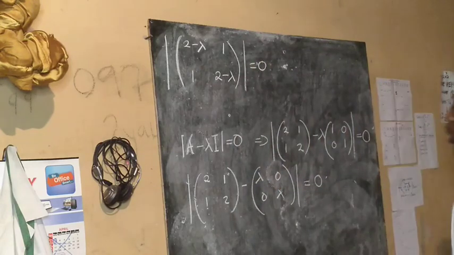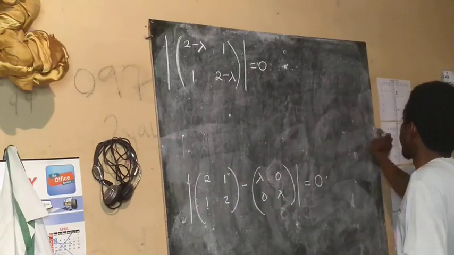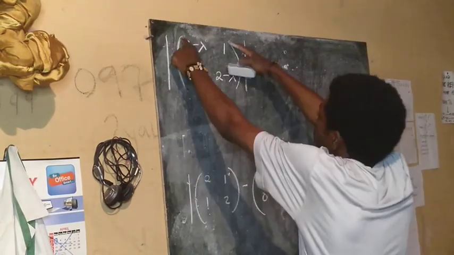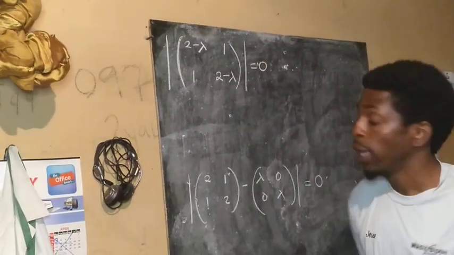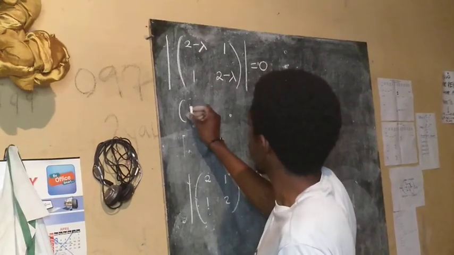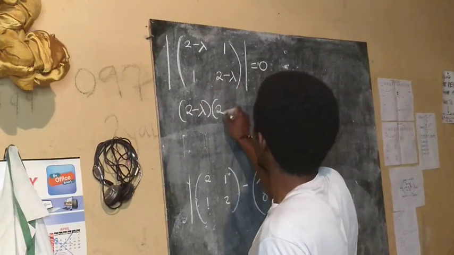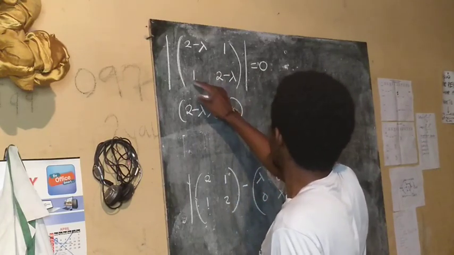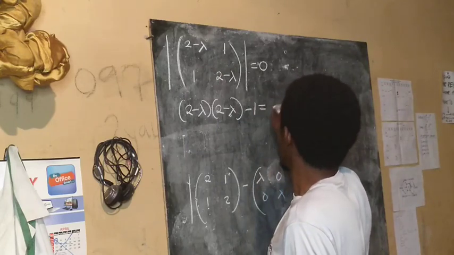Then when we reach that level, what we'll do is solve for the determinant. These lines standing around this matrix mean we should find the determinant. So we'll say this times this: 2 minus lambda times 2 minus lambda, minus 1 times 1, which is 1, equals 0.